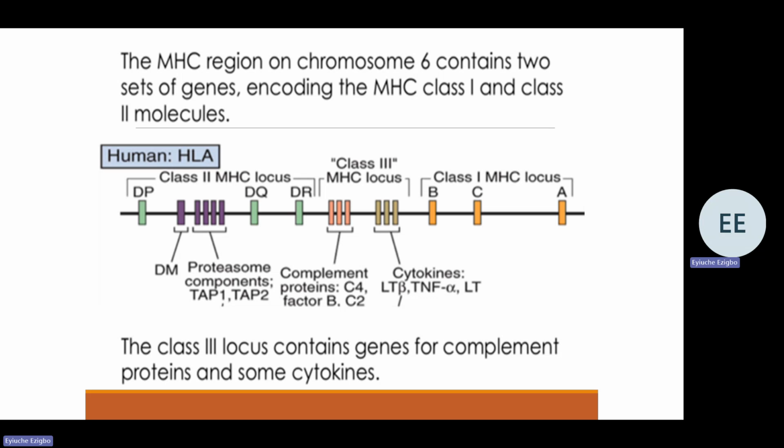So the MHC class 3 molecules encode these secretory proteins. Then we have the class 1 locus, where we have A, B, and C. This diagram depicts the genes that make up each of the MHC classes.